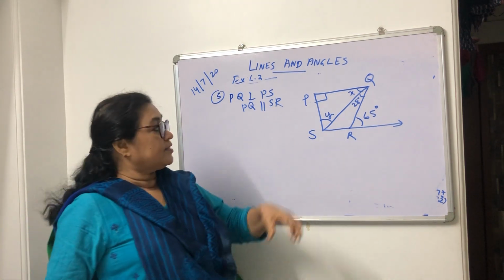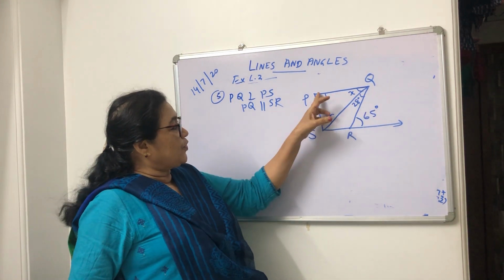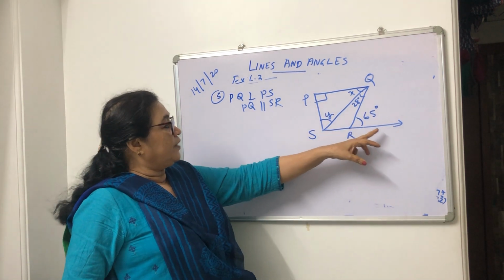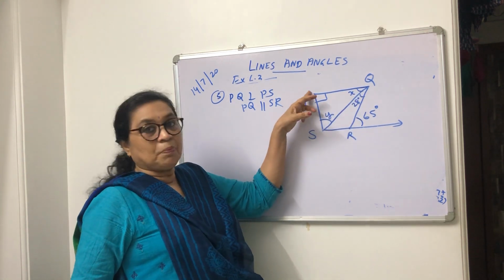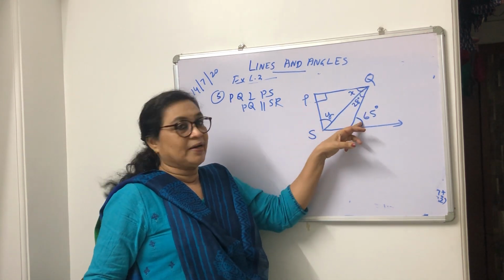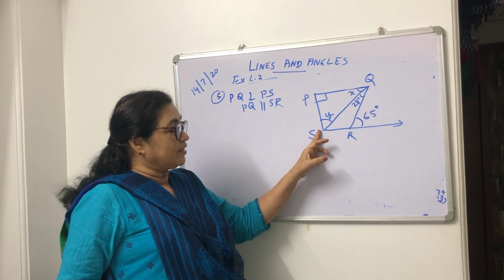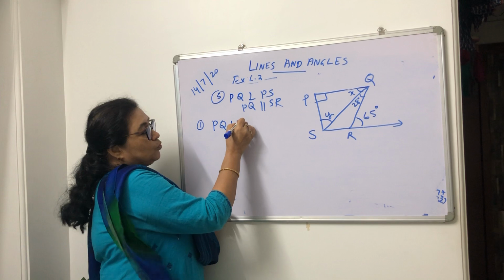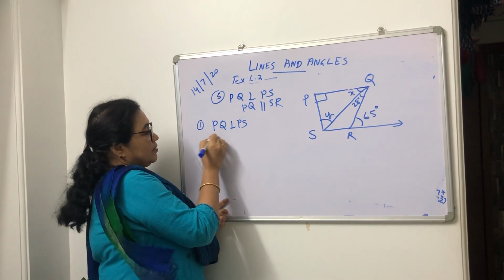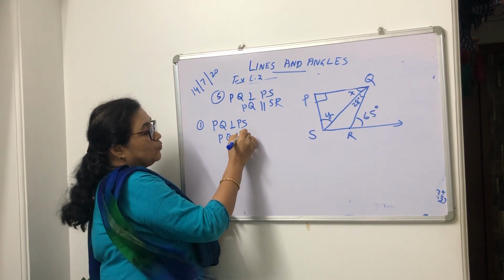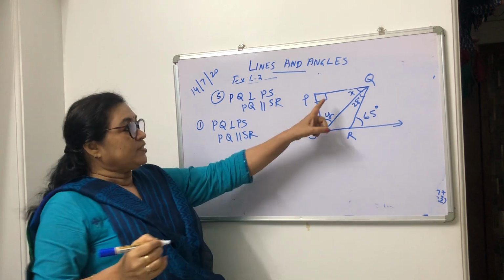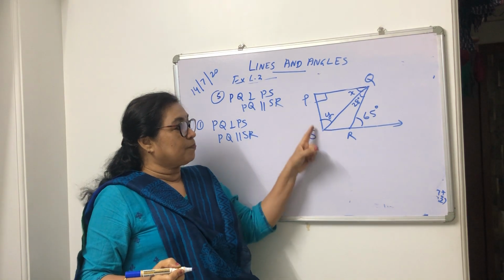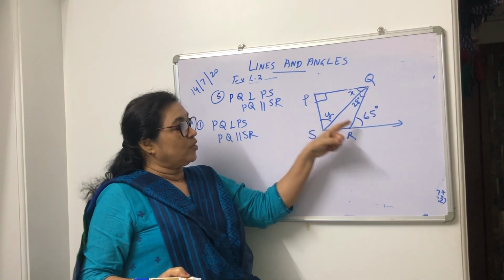Here in this case, these two lines PQ and SR are parallel and this is the transversal. So first, PQ is perpendicular to PS, so this angle is 90 degrees. What about these angles QPS and PSR? These two lines are parallel.